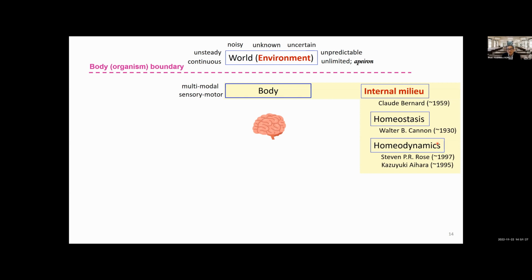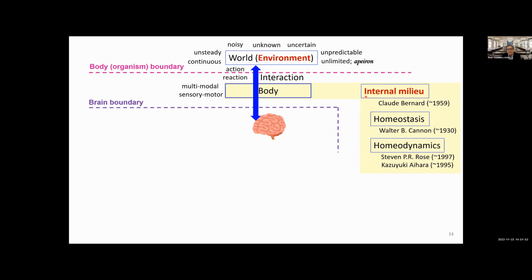In any case, there is another boundary from the brain to the body world. We should call this the brain boundary. And the brain actually has to interact with the external world, which is the environment, and also the internal one, which is the internal milieu.